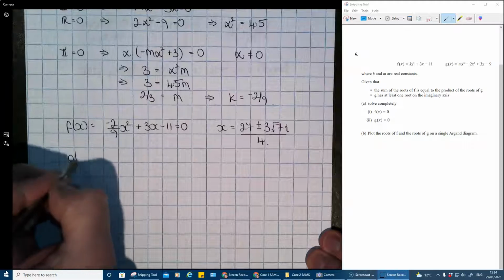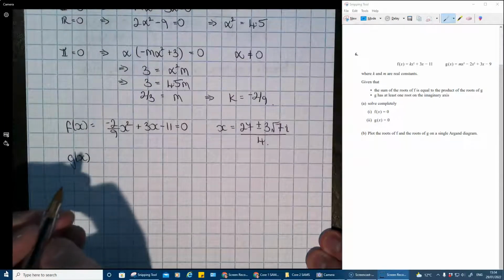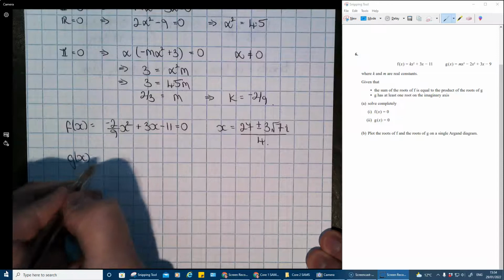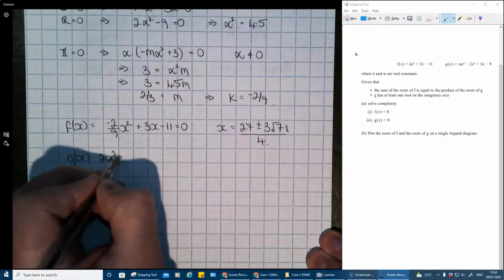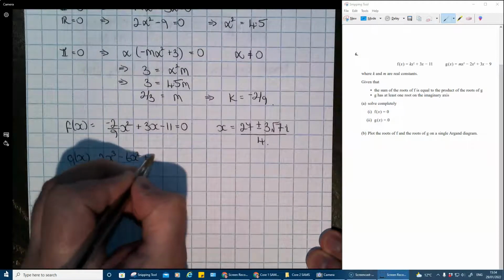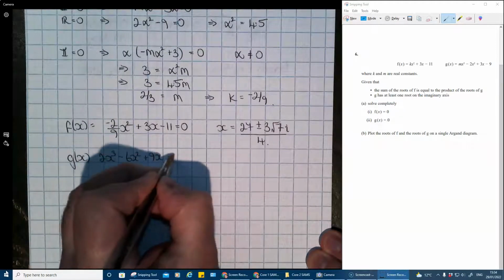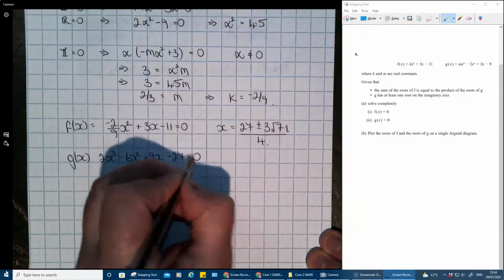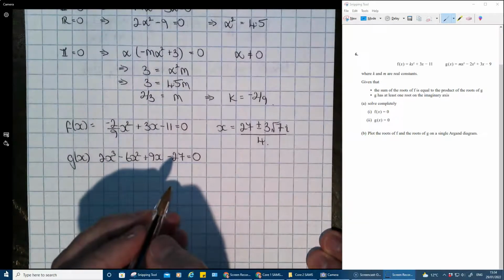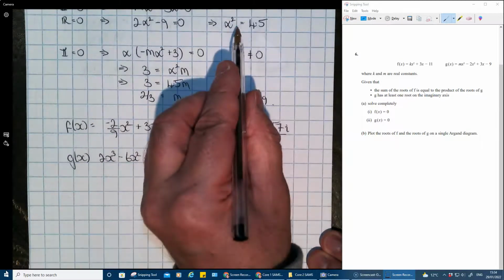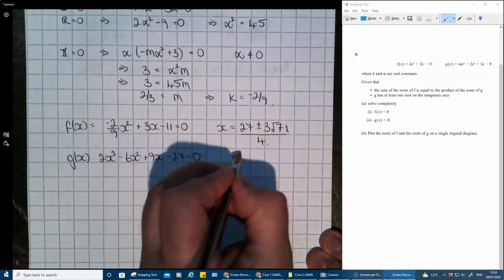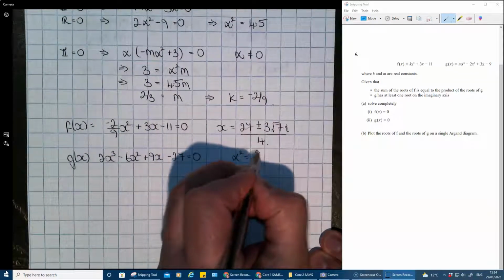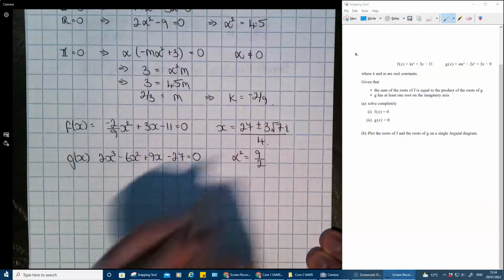G of x, we know one of the roots is, let me write it out, sorry, 2x cubed minus 6x squared plus 9x minus 27 equals 0. I know that one of the roots is alpha i, and I know that alpha squared is 4.5. So alpha squared is 9 over 2.